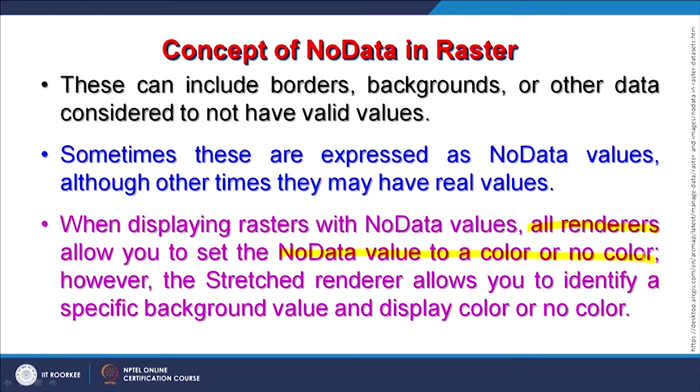So, it mixes with the background of your screen, and therefore you do not see anything outside of your arbitrary boundary. However, when we do stretching over the data, it has to be remembered by the system that these values should not be considered in any of the processing. Nowadays it is handled very efficiently.